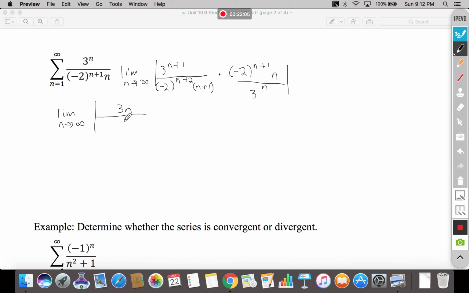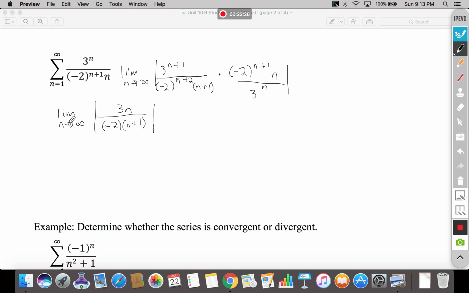That'll leave me negative 2 to the 1 down here. So I'll just call it negative 2. Because the n's will cancel out, the 1 will cancel out, leaving us with an extra negative 2 down here. And my n plus 1 will still keep living, n plus 1. All right, absolute value of that.